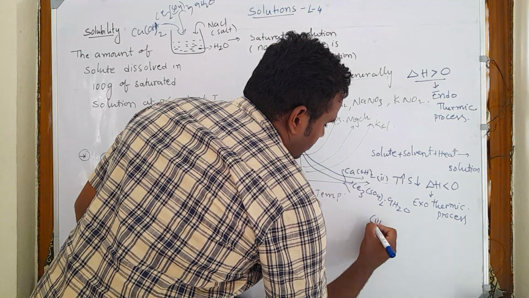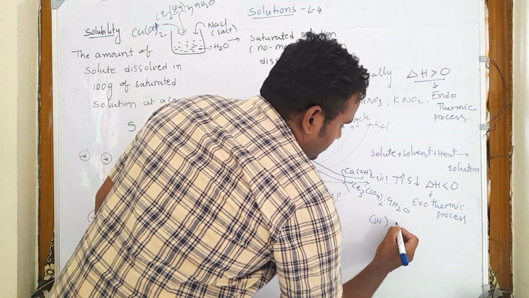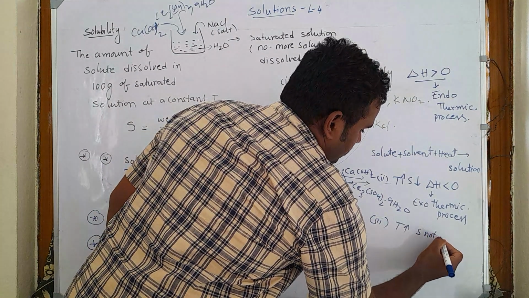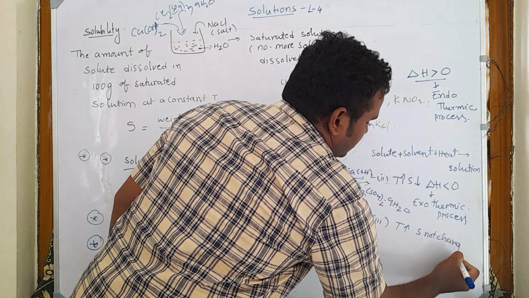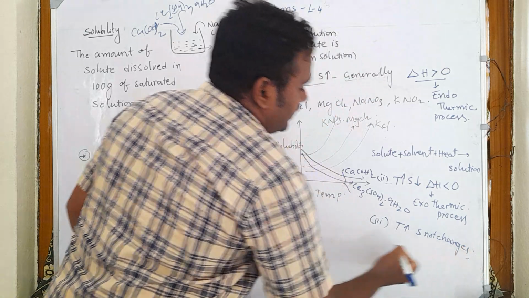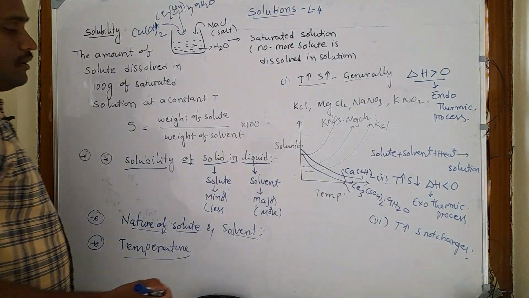The third case is also there. Temperature increases, and solubility does not change, or changes only very slightly. For example, NaCl.